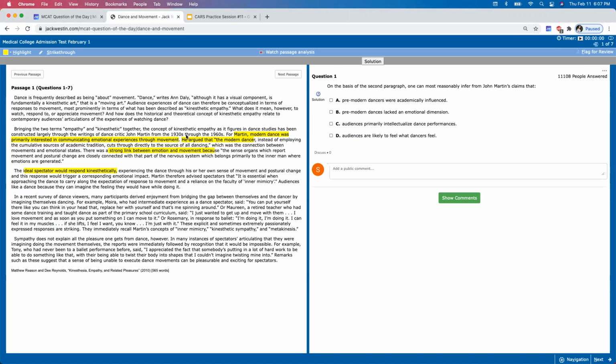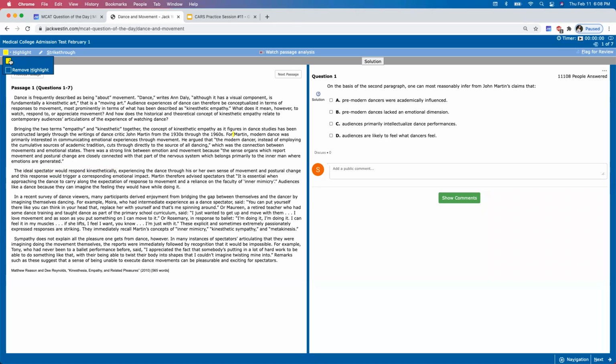I don't know why something is highlighted, but let me see if I can unhighlight that. Okay, yeah, so some of the questions were tricky. Great. Okay, perfect. So we'll get started then.